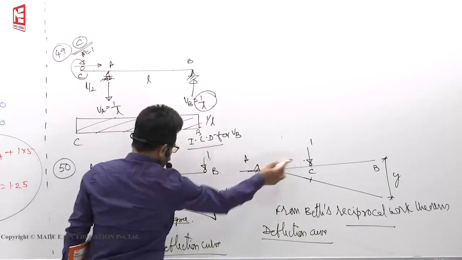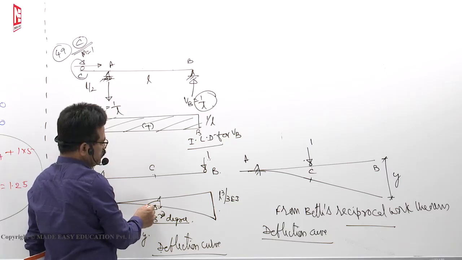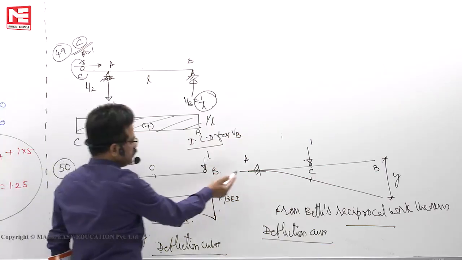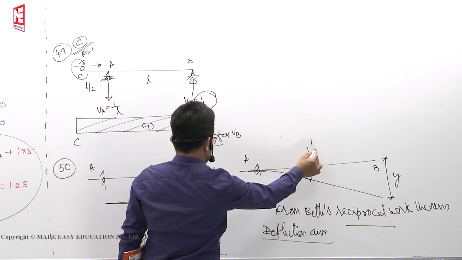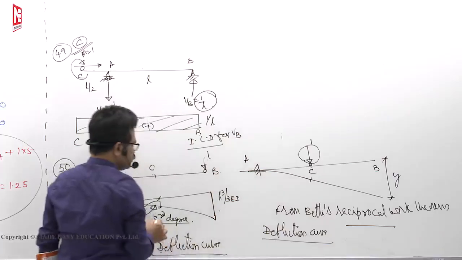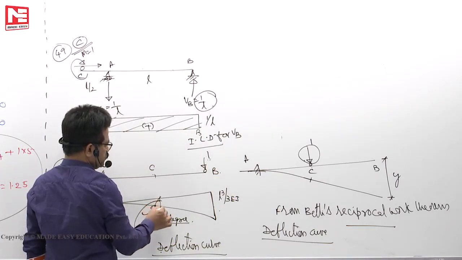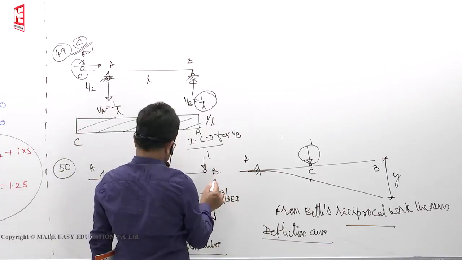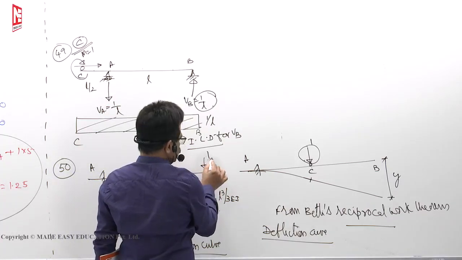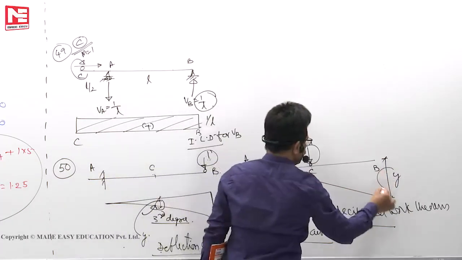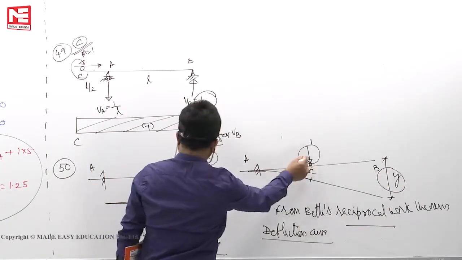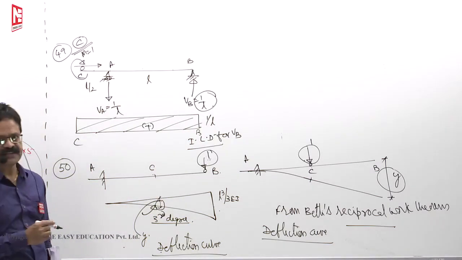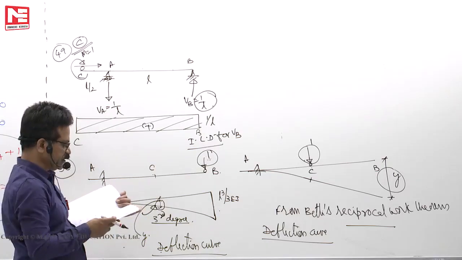So this 1 into y, if I write it, is the same as the earlier one, this 1 into this deflection, 1 into y. Both of them are the same from Maxwell's reciprocal deflection theorem or Bette's reciprocal work theorem.